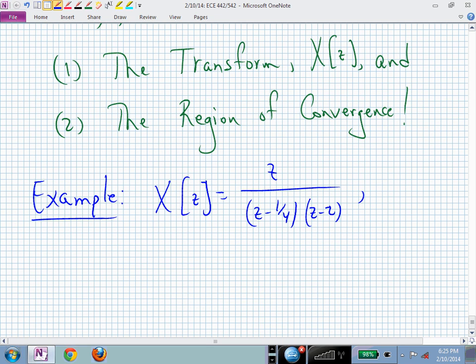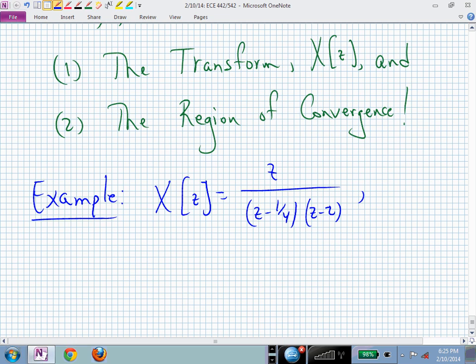It would be exterior to 2, wouldn't it? It would be 2 and beyond. To infinity and beyond, right? Where's Buzz when you need him? So now that's the region of convergence for a causal waveform. If it was anti-causal, now the region of convergence is inside 1/4.